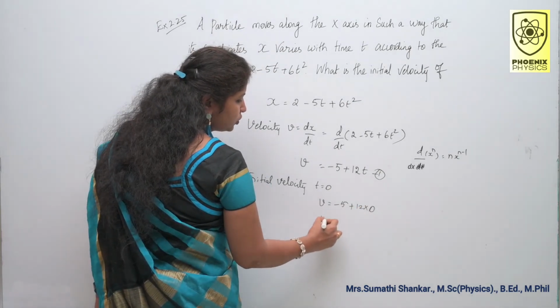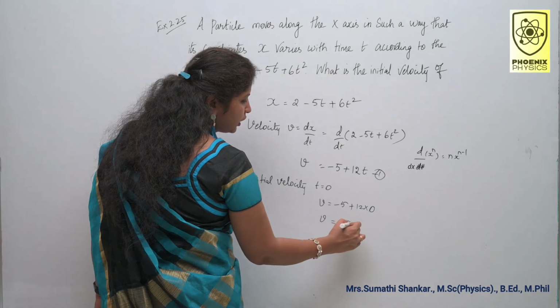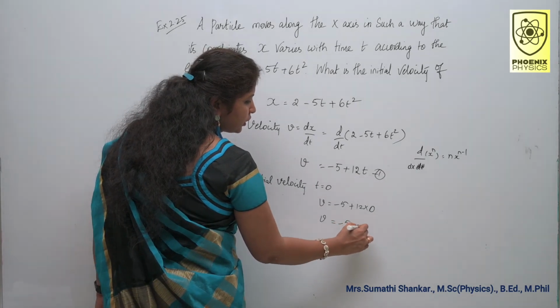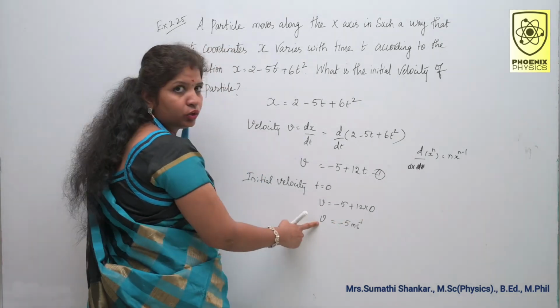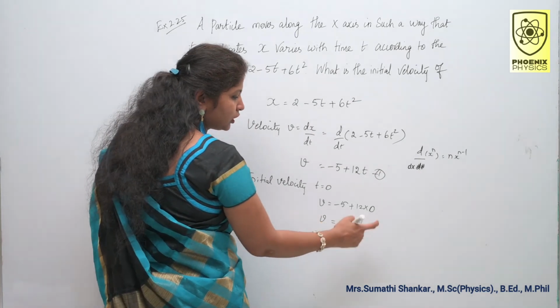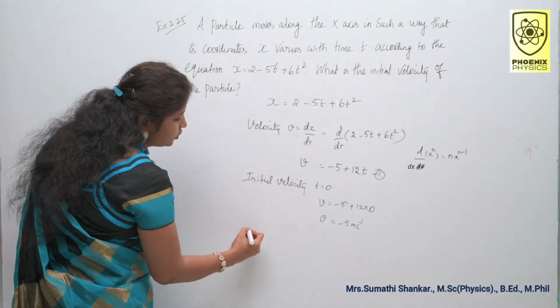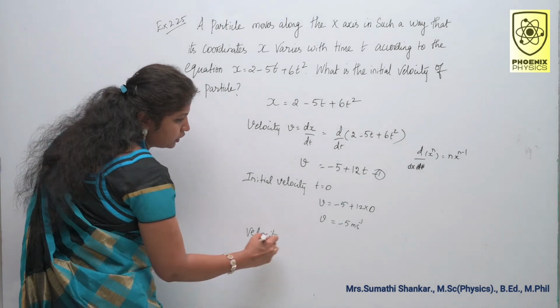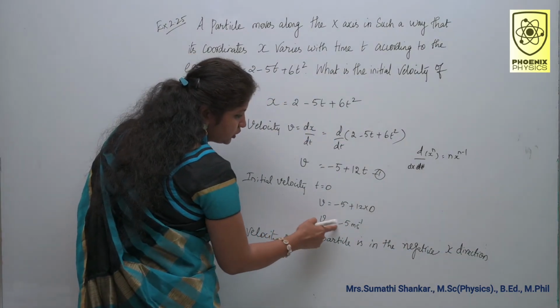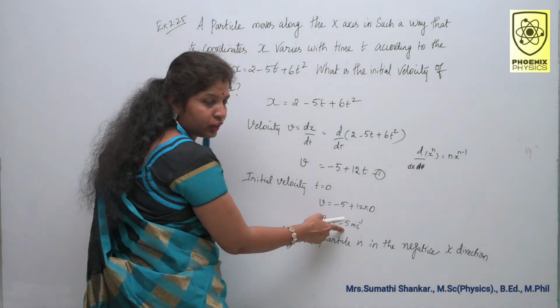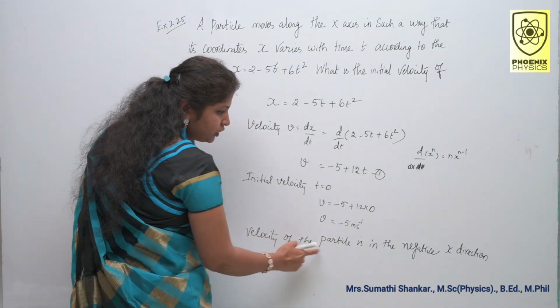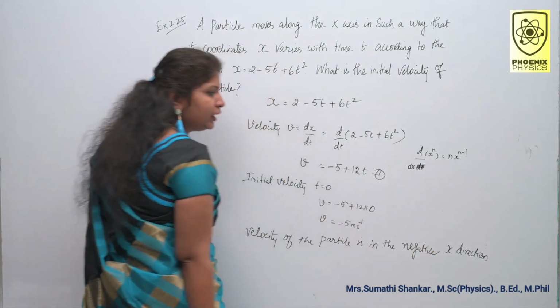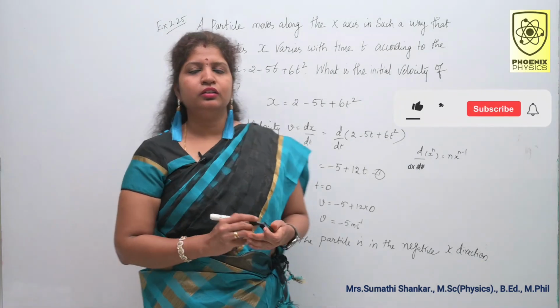So your answer is v is equal to minus 5 meter second minus 1. The unit for velocity is meter second minus 1. The velocity of the particle is in the negative x direction. Why negative x direction? Here the answer is minus 5. So the velocity of the particle is in the negative x direction.